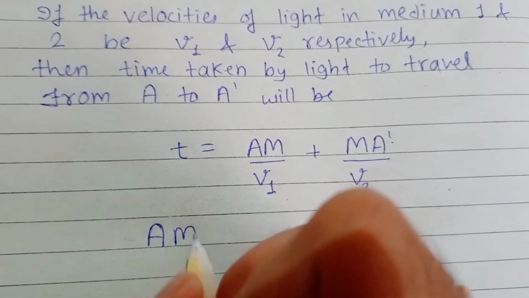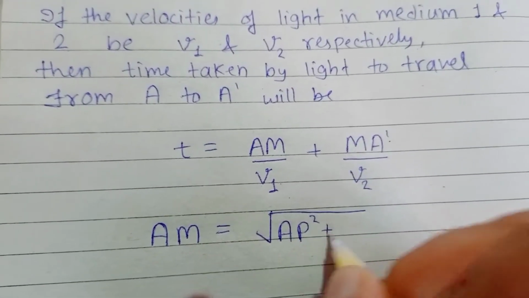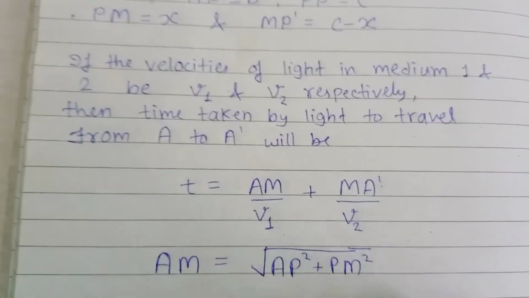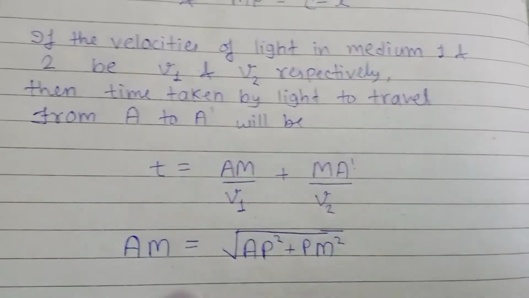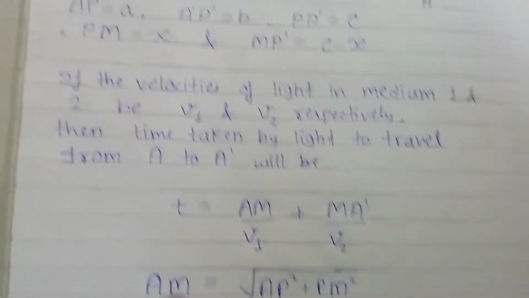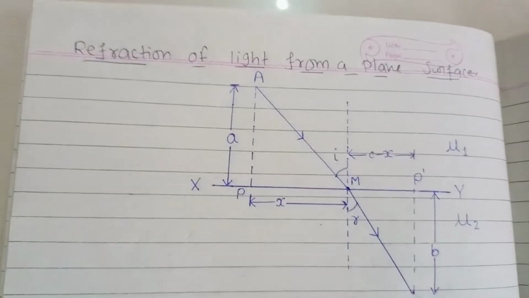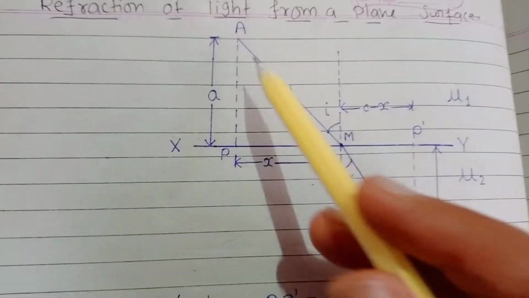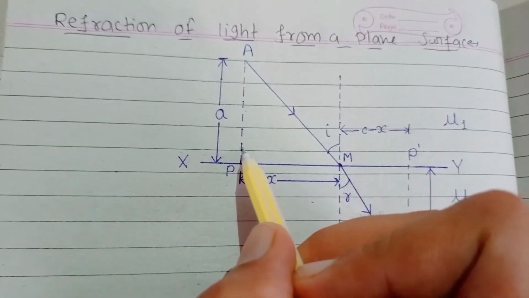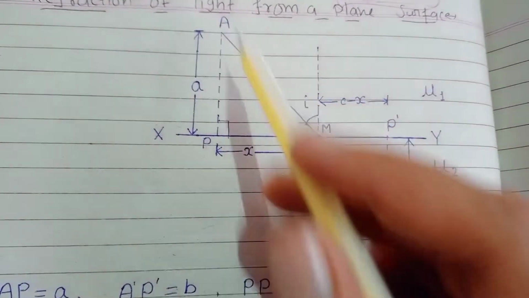Here AM is equal to under root AP square plus PM square. I will make it clear that here we have applied the Pythagoras theorem on this triangle, as we did in the previous video also. In this triangle APM, you can see it is a right angle triangle. We have dropped a perpendicular, so the 90-degree angle is made.